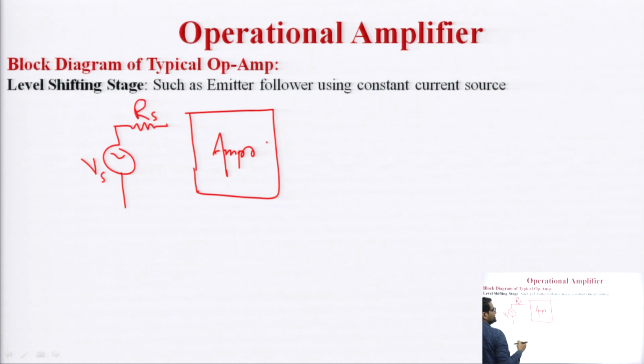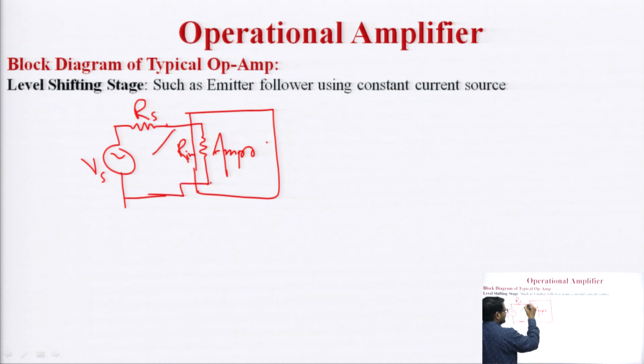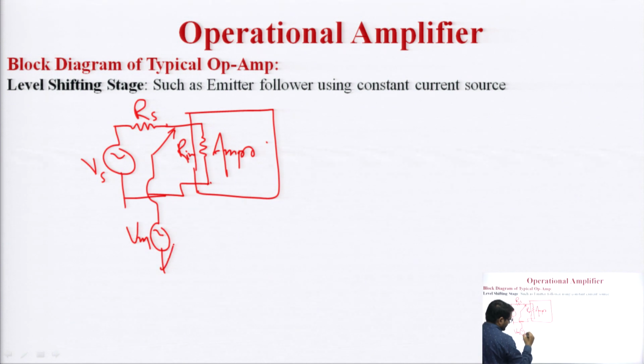This is the resistance of the wire, and the input impedance of the amplifier is Rin. Let us use a multimeter and measure the input voltage of the amplifier at the input side.